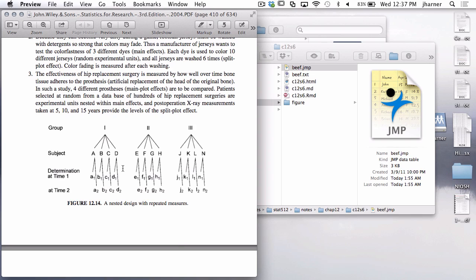But if you measure at different times, you could also measure covariates that are different from time to time.